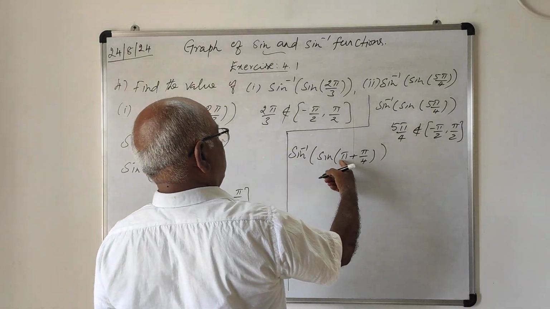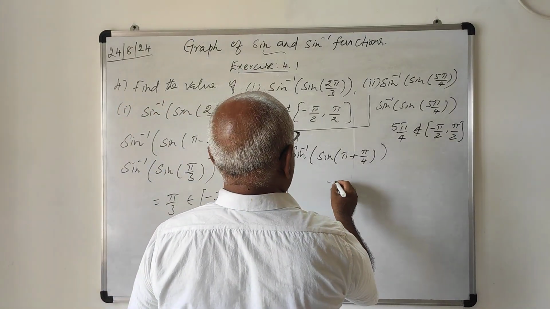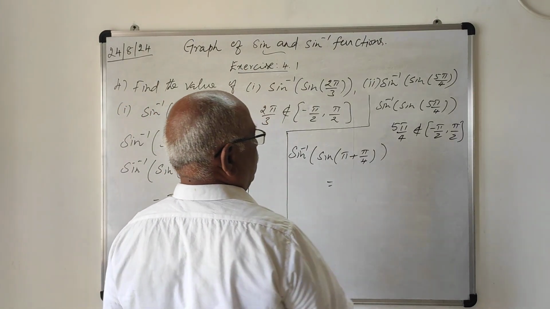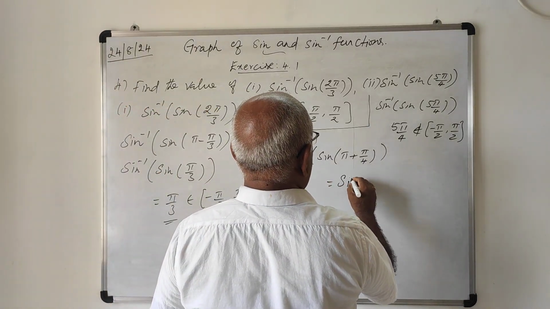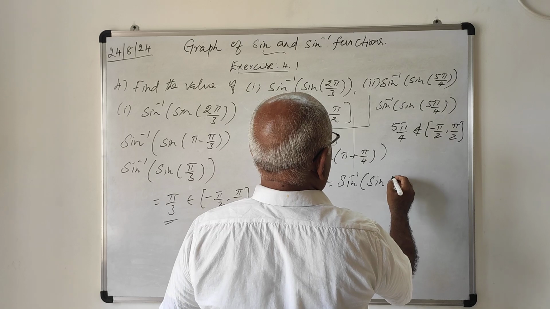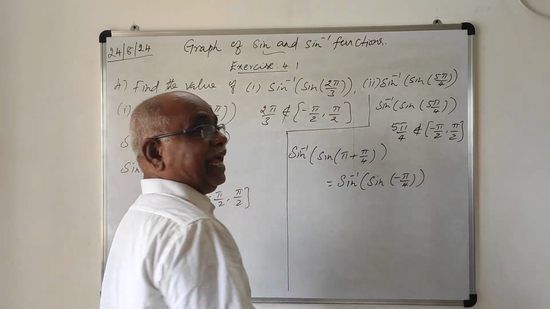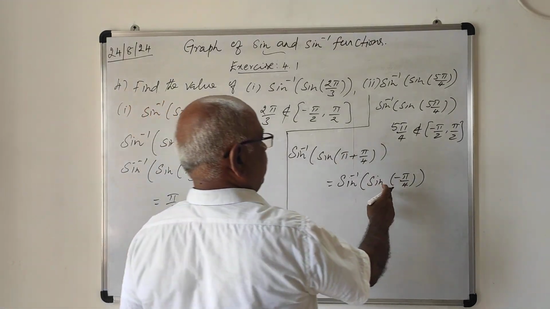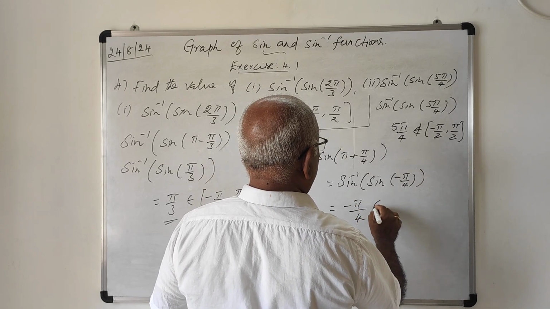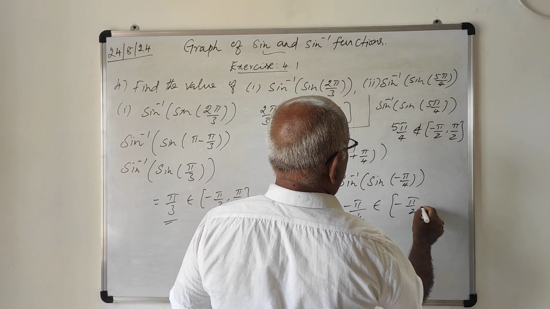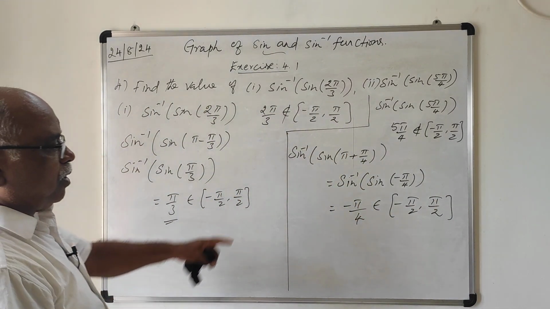This is 4π/4 plus π/4, 5π/4, so 180 plus π/4, third quadrant. In the third quadrant sine is negative. Therefore, this becomes sine inverse of sine of −π/4. Sine inverse and sine cancel, you will get −π/4, which is in the domain −π/2 to π/2. So for the second problem, −π/4 is the value.